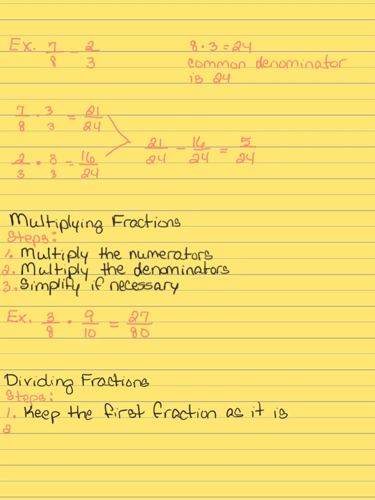Step 2, change the division sign to a multiplication sign.